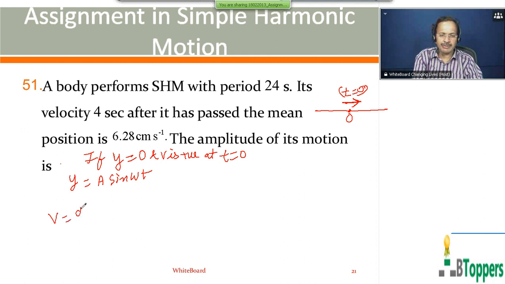So the velocity at time t you can write as dy by dt. Because amplitude A is a constant, you can put A outside the derivative symbol. So the velocity at time t is A omega cos omega t.